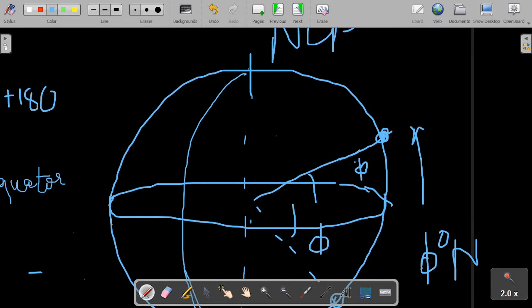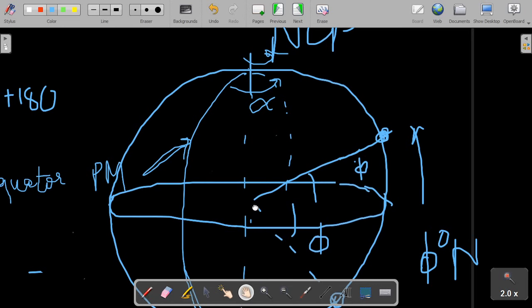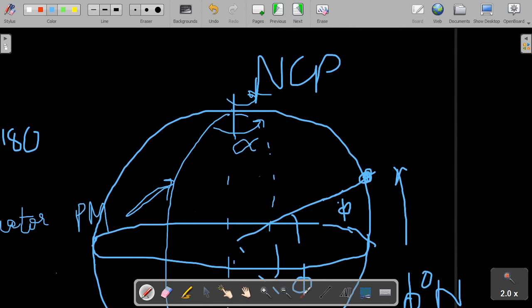Okay, so let's call this the prime meridian. I'm writing it as PM for short. And let's say we rotated it anti-clockwise by an angle of alpha. So all the points on this great semicircle, or the meridian, have a longitude of alpha degrees east.